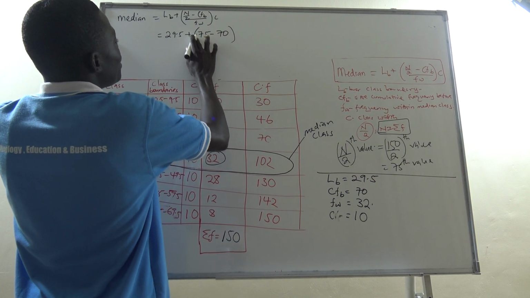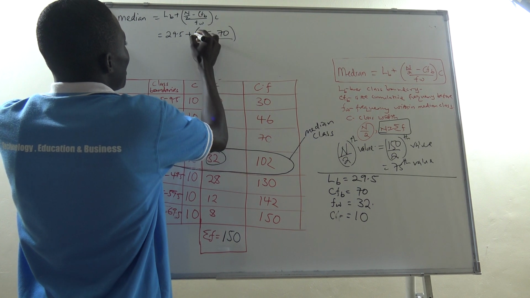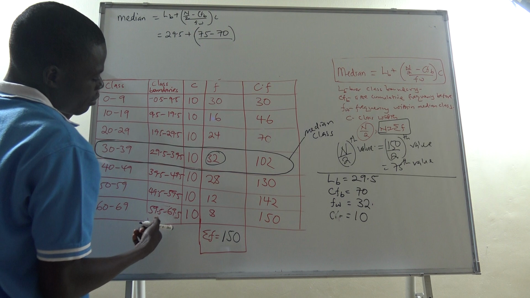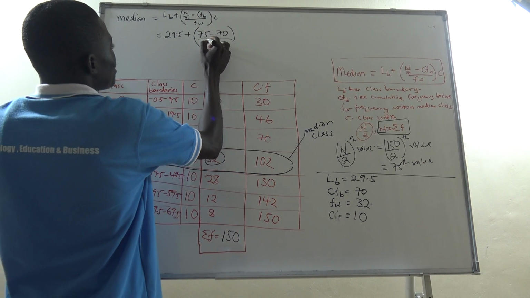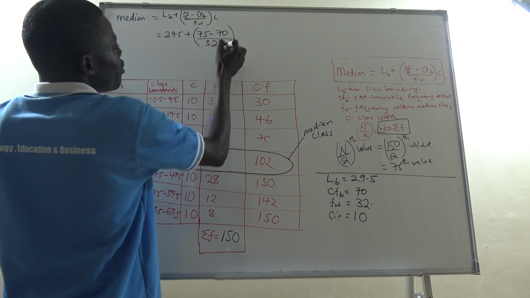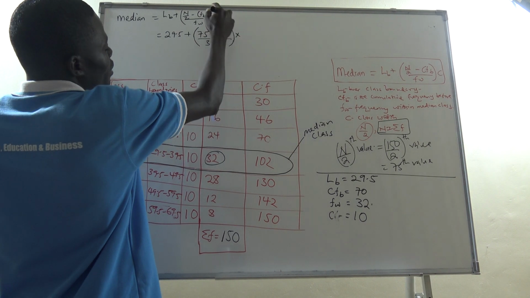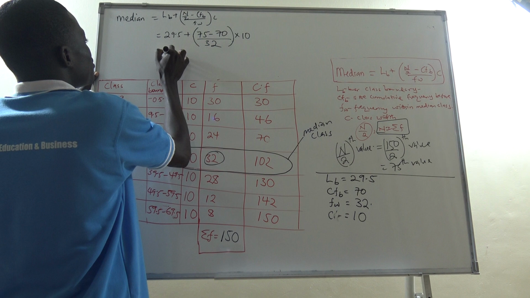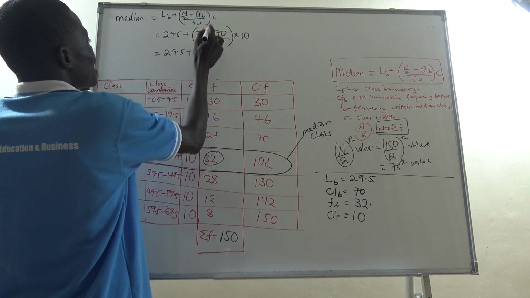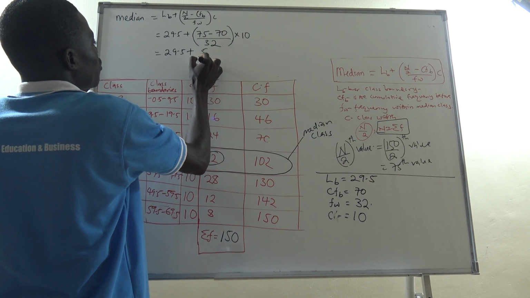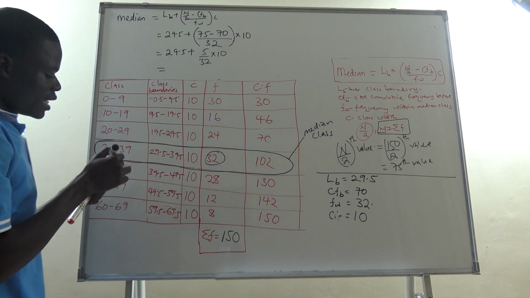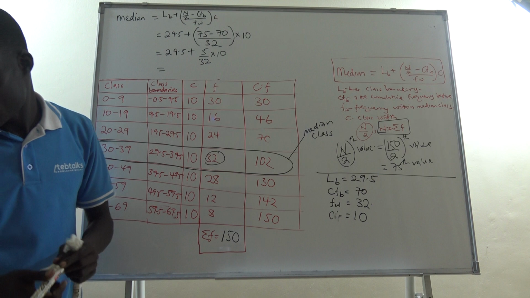Then the whole of it you divide by the frequency within, which is 32. Then you multiply by C, which is 10. So the answer is 29.5 plus, if you subtract, you get 5 out of 32 times 10. The answer you are getting here is our median.